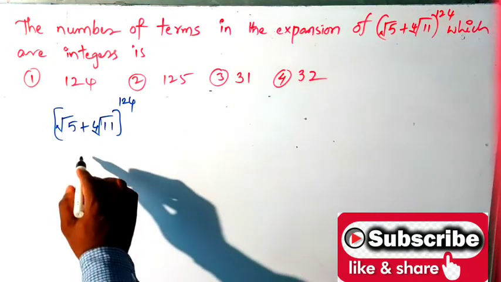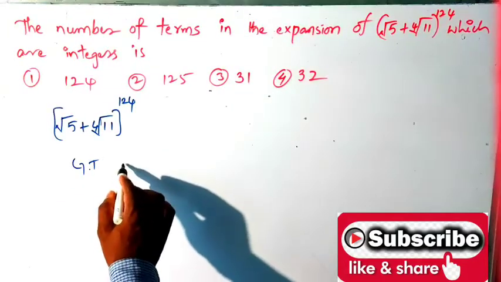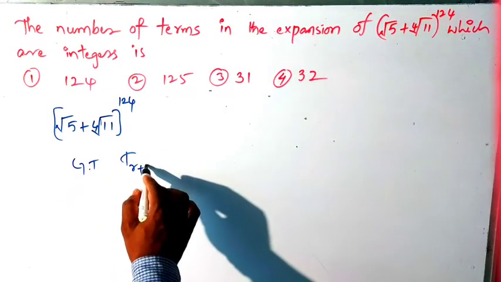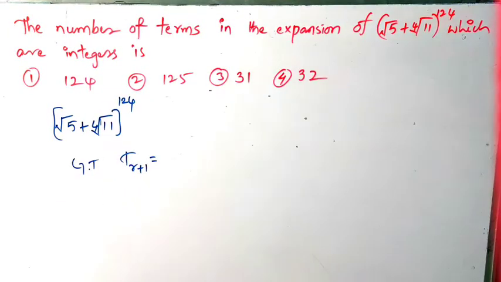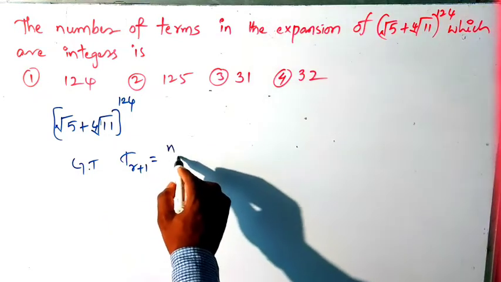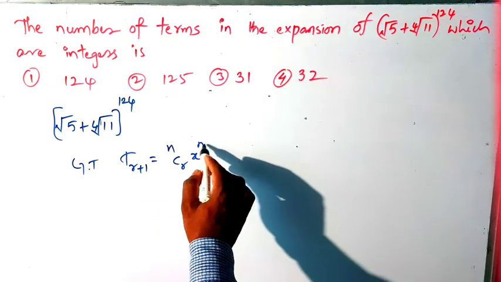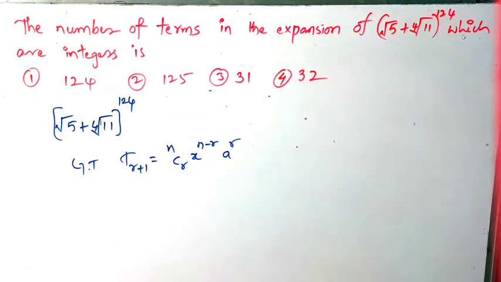Now we write a general term of this expansion, that is nothing but T(r+1) equals nCr x to the power of n minus r, a to the power of r. This is the general term of (x plus a) whole power of n.